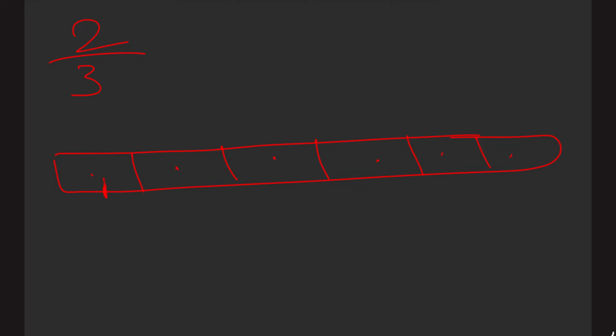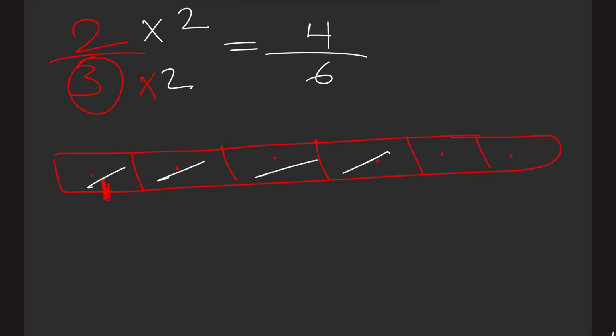Since the whole here is not 3, it's 6. You're gonna make the 3 into 6, right? Yes. Multiply by 2 and multiply this by 2. So we're gonna have 4/6. So I'm gonna shade 4. 1, 2, 3, 4. Okay. And obviously it's gonna be the rest of it.